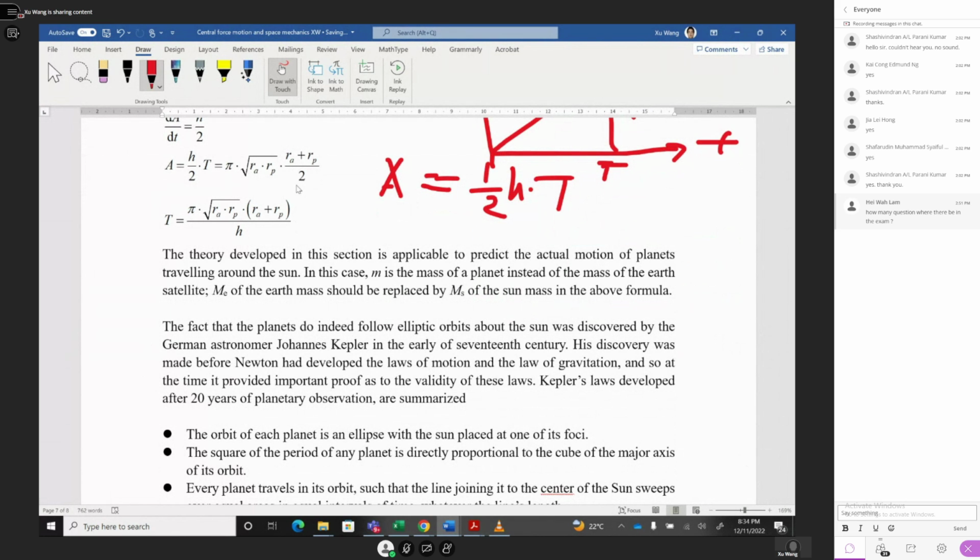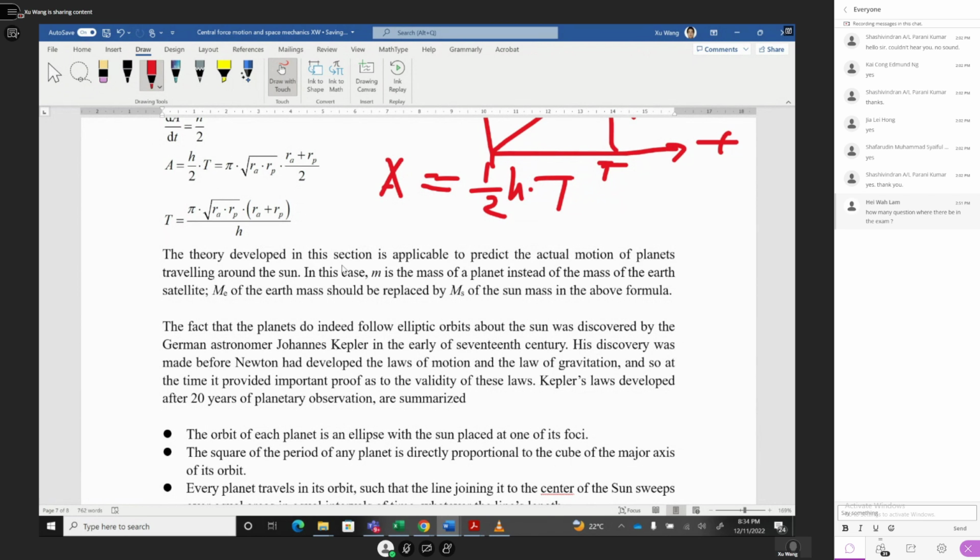This theory uses Newton's second law of motion to establish the trajectory and the motion of satellites along the Earth, right? But this theory can also be applied to predict the actual motion of the planets traveling along the sun. They use the same formula, the same law.